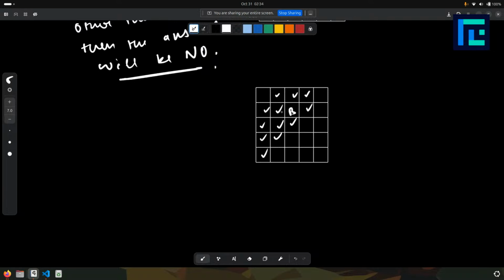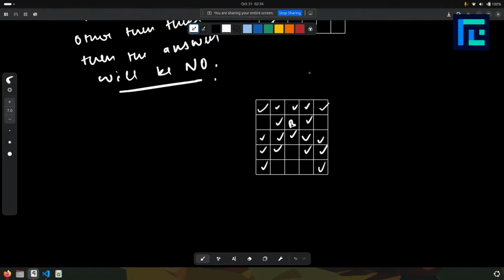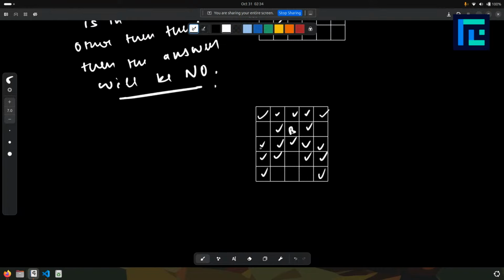Also this, and also this. This diagonal, this diagonal, this diagonal, and this diagonal, this diagonal, and this diagonal. So we can connect these cells, just like how we saw these three diagonals and then these three diagonals.